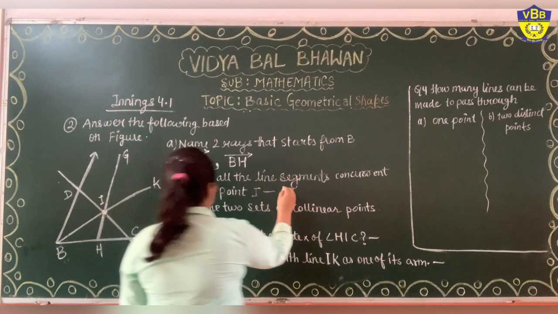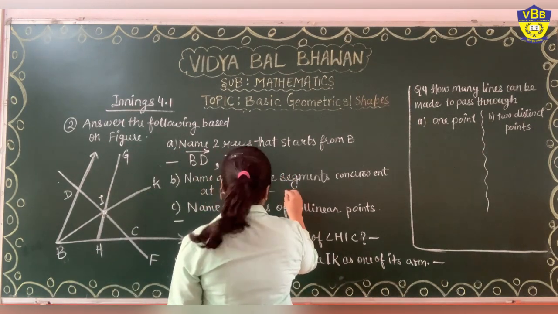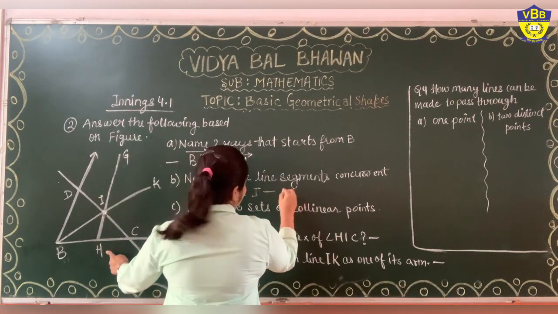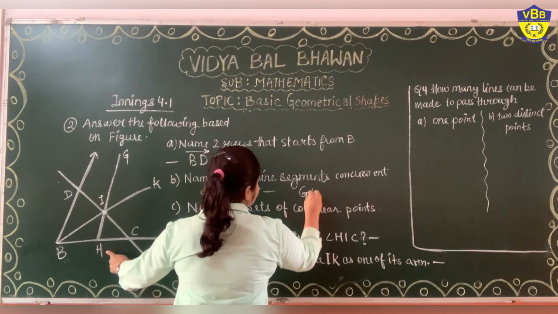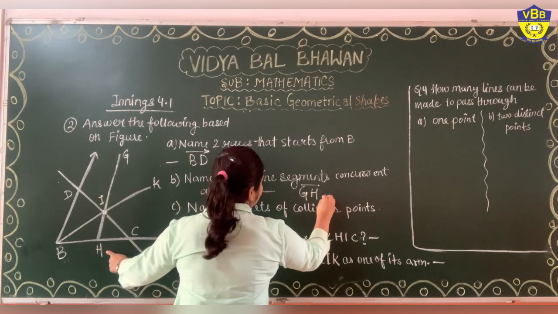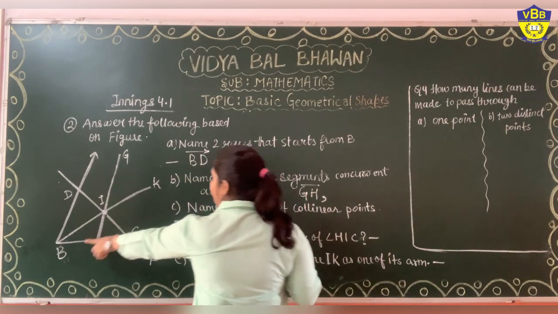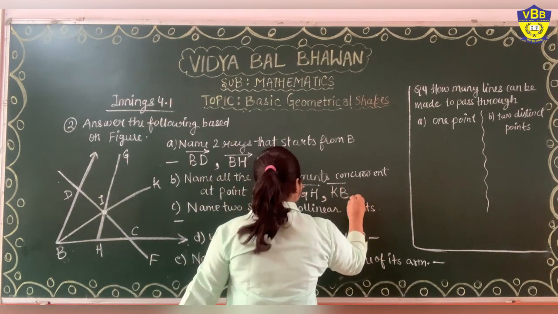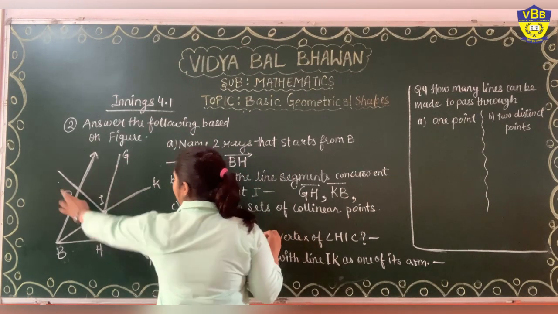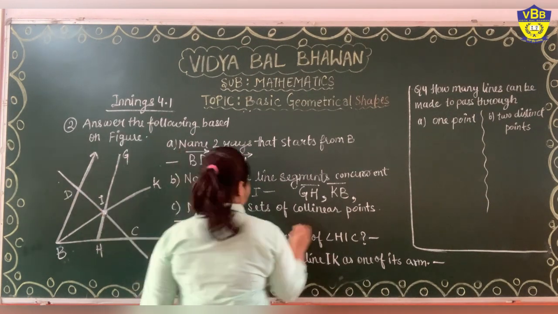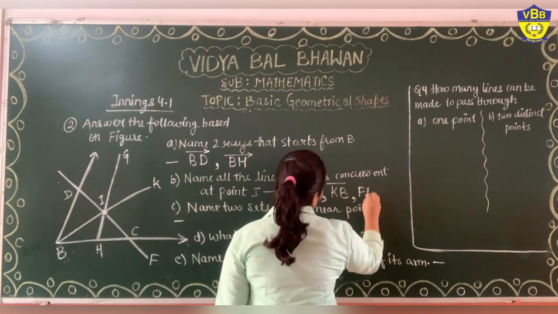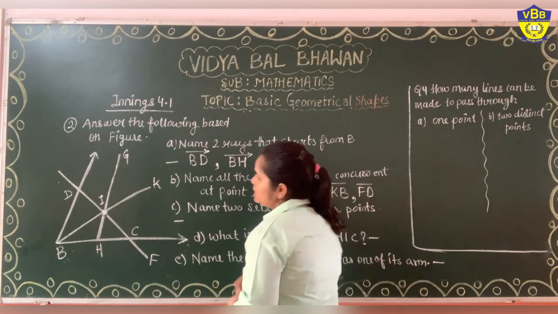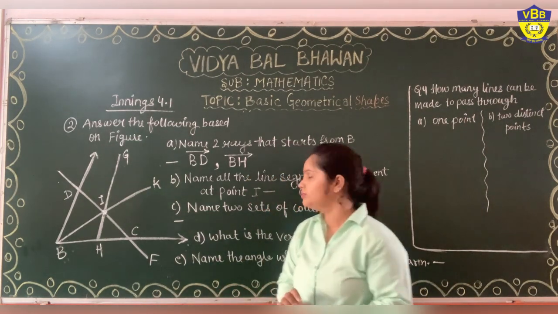So we have to write the name here. It is GH with the sign of line segment. After that KB, and then FD. I hope this much is clear to all of you.